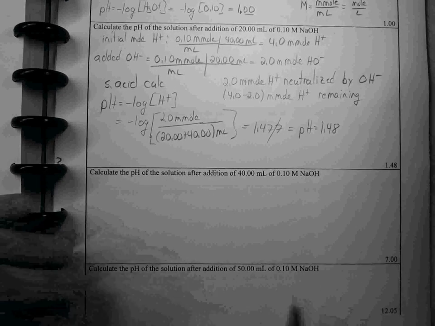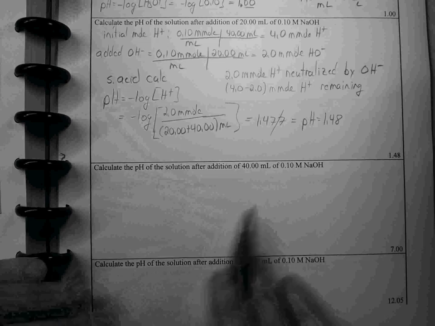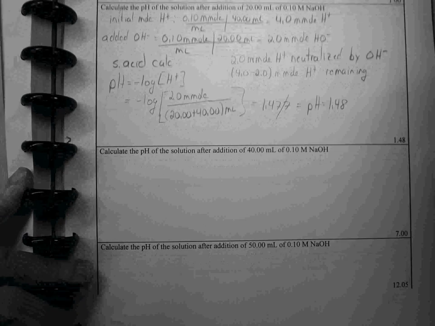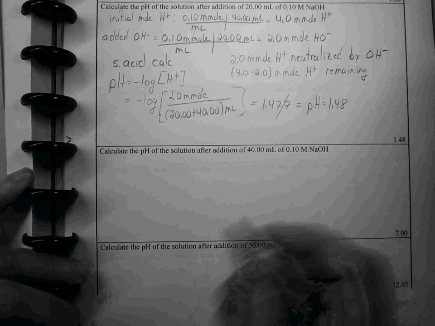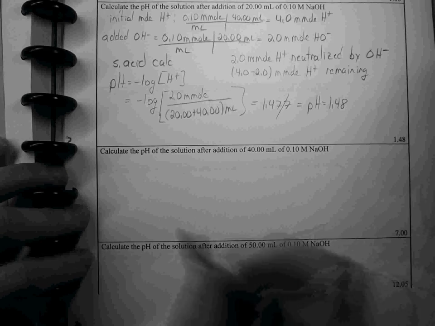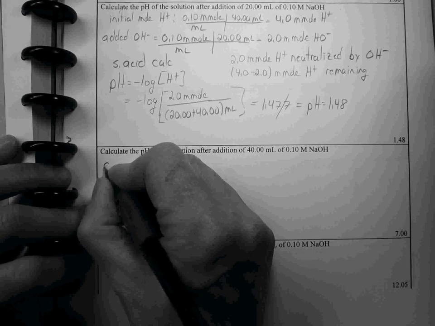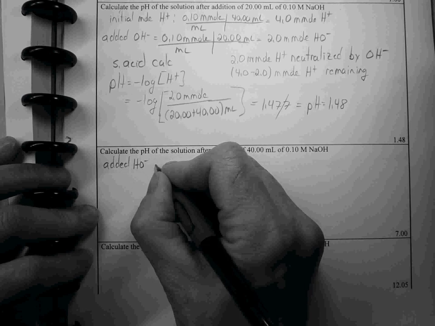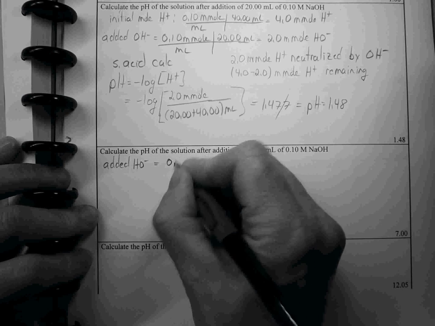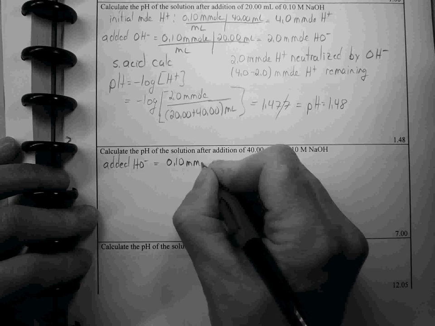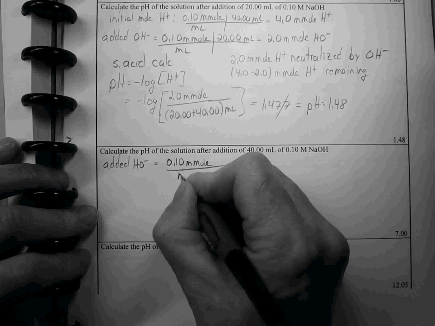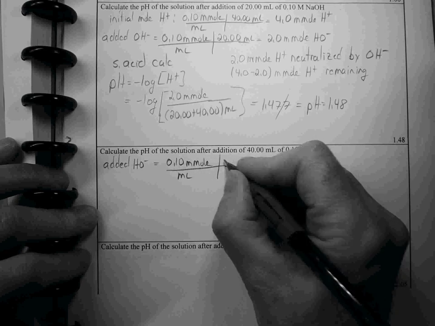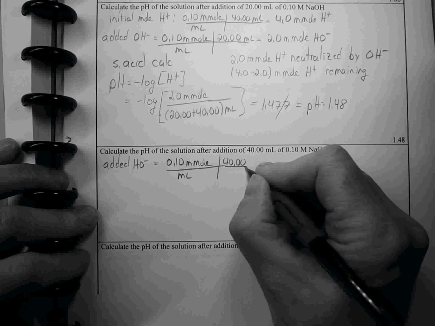Continuing on, we want the pH after the addition of 40 milliliters of NaOH. So, the added hydroxide is 0.10 millimoles per milliliter times 40 milliliters.